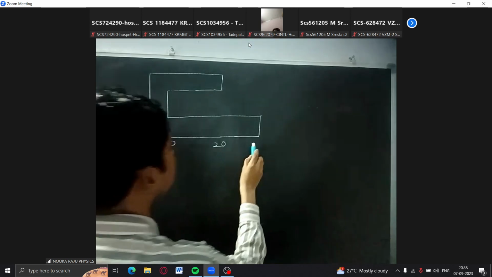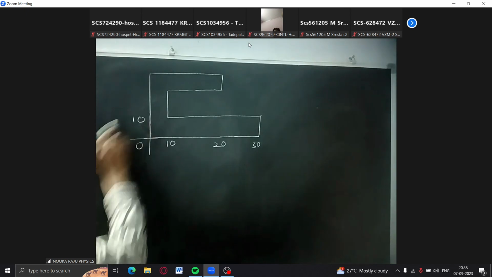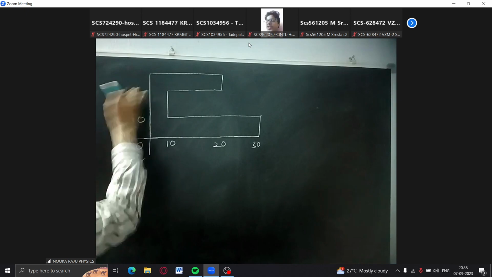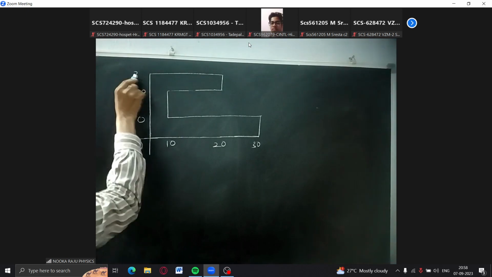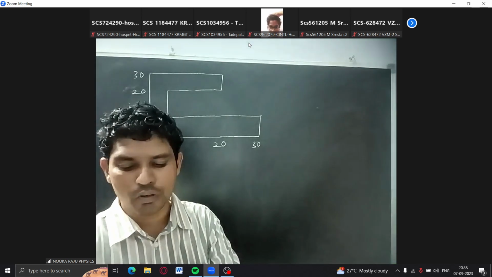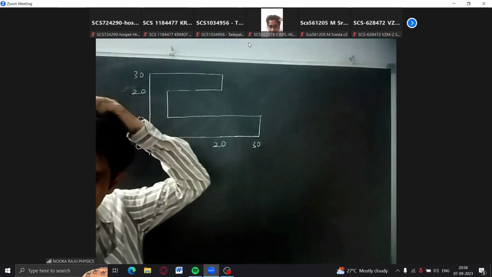And this is 30. Similarly on the other axis, this is 10, this is 20, and this is 30. How do we find the coordinates of the center of mass of the system?